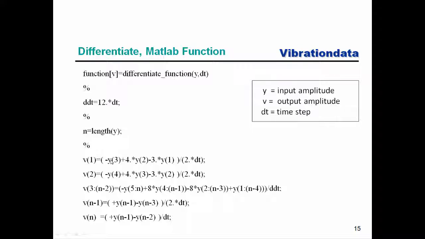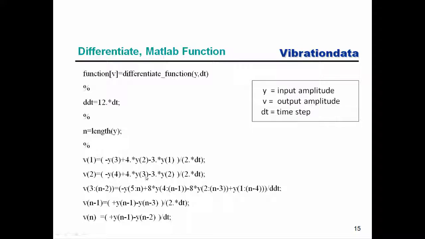Well, let me back up. Let's call y the input displacement. Let's say we have a displacement measurement, y, and we want to differentiate to get velocity. So for the first velocity term here, we have a formula. You can see it depends on 3 different displacements plus coefficients divided by 2 times delta t.